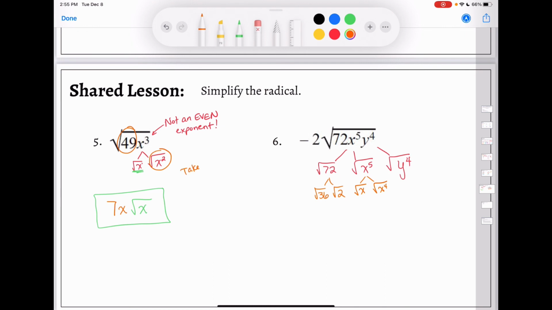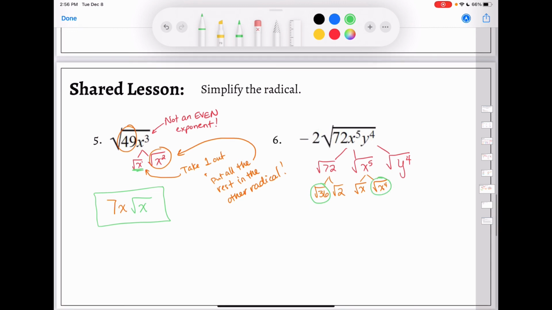So take 1 out and put all the rest in the other radical. Same thing we did here, right? Took 1 out and put all the rest in the other radical, and then there's where your biggest perfect square will be.